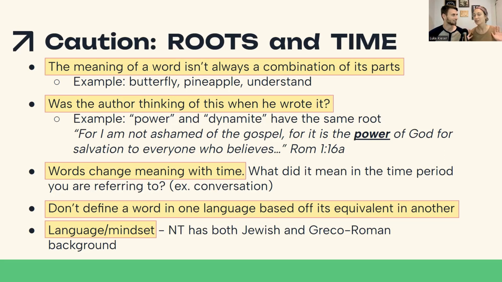Using surrounding context, and even using the tools to look up this word in other contexts, would be more helpful than just looking at the root of the word. Focusing on the meaning of the word in the context that it was written in, not the present time today. In 100 AD, like the first century AD, focusing on that meaning of the word.